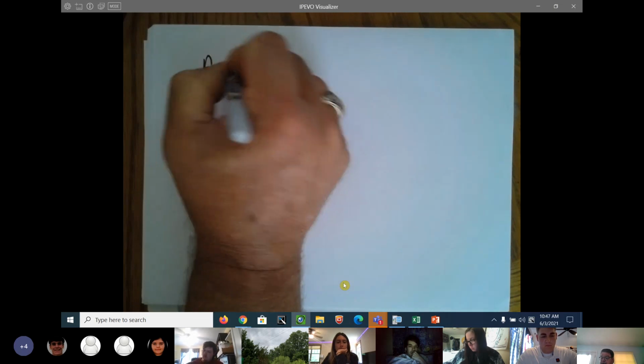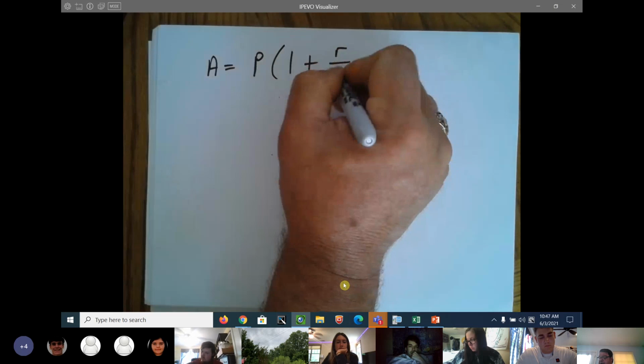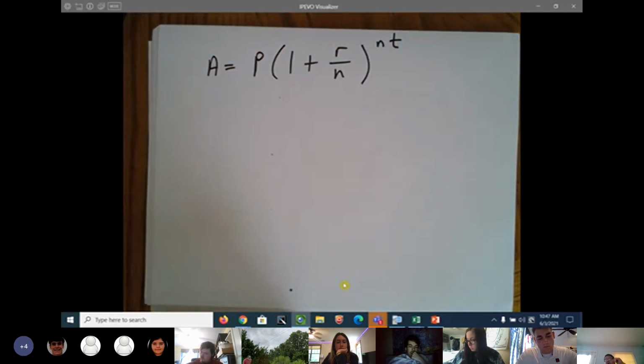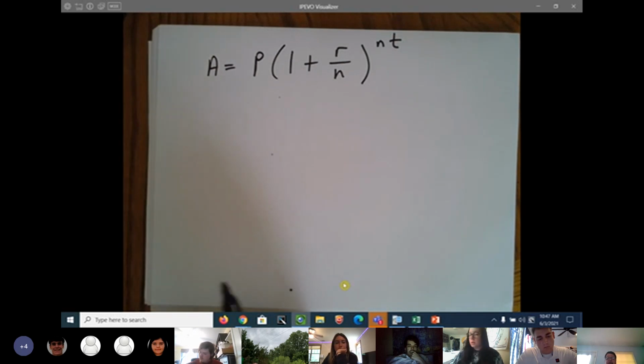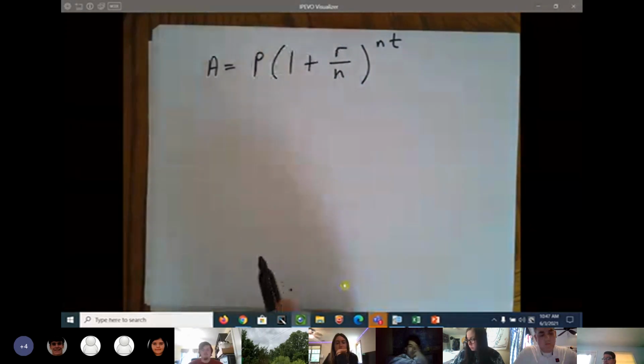A is equal to P times 1 plus R over N raised to the NT power. That's the way it's written. This book and the 103 book, they want to change everything, and then when you get in the real world, you're like, why is it not K? Well, this is the way it's written in the real world.